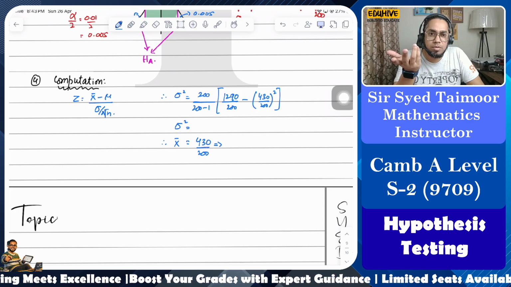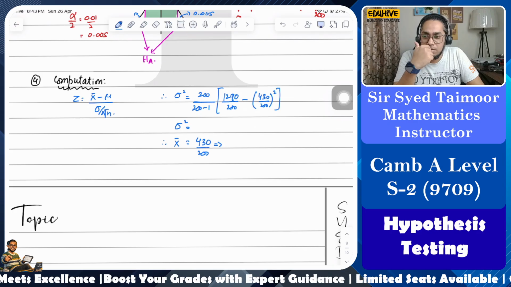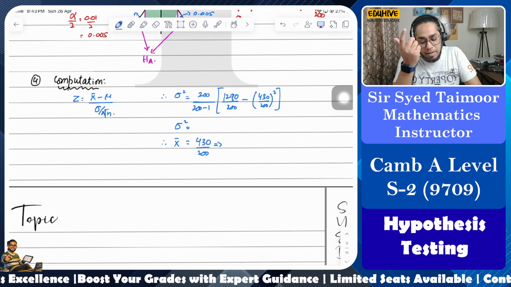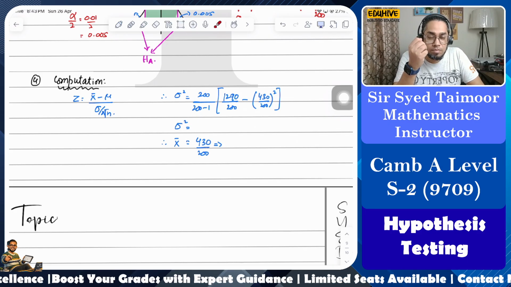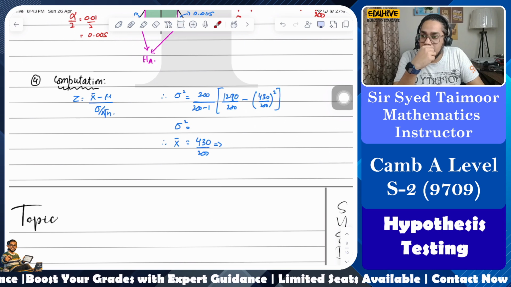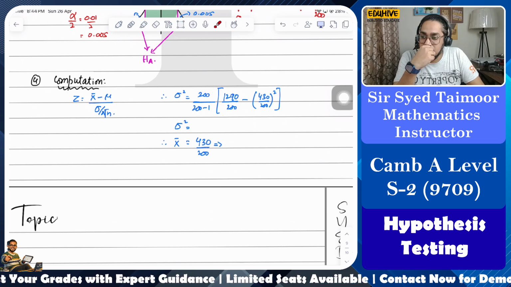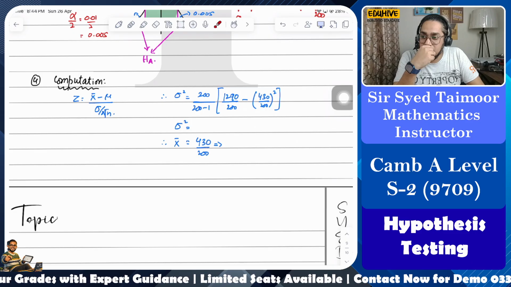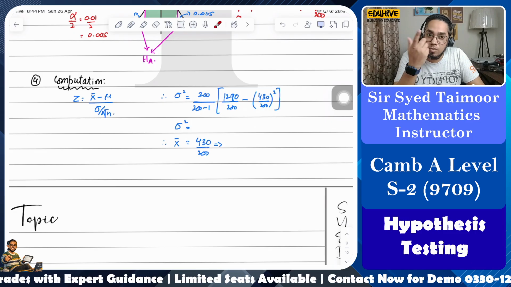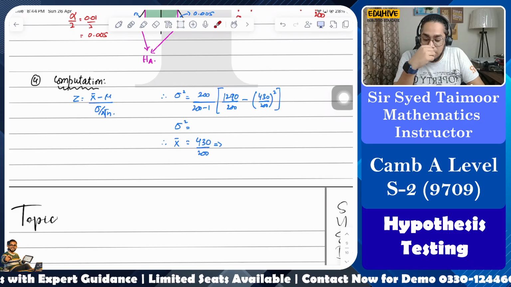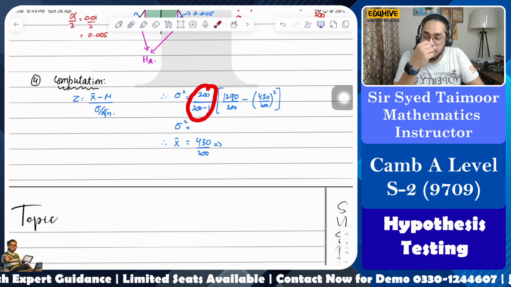How is this possible? No, it's the same in this. 430 squared over 200. What fraction are they using at that time?